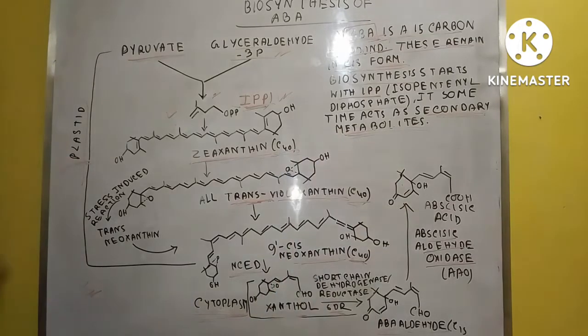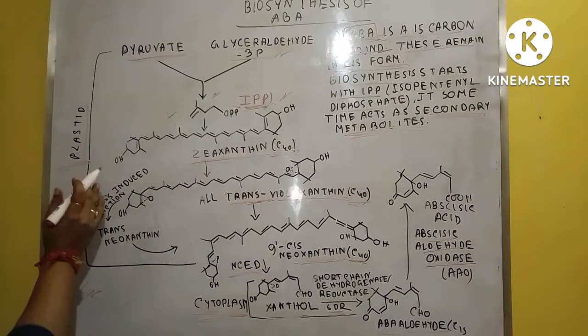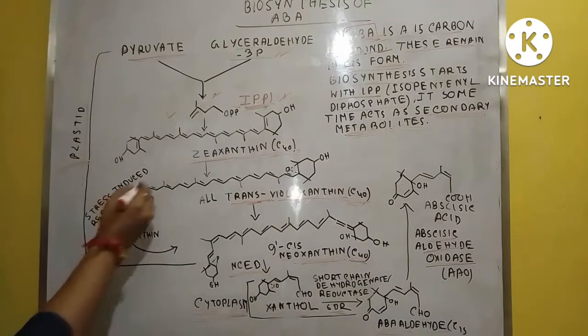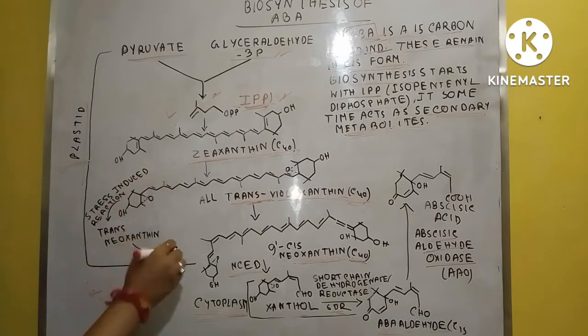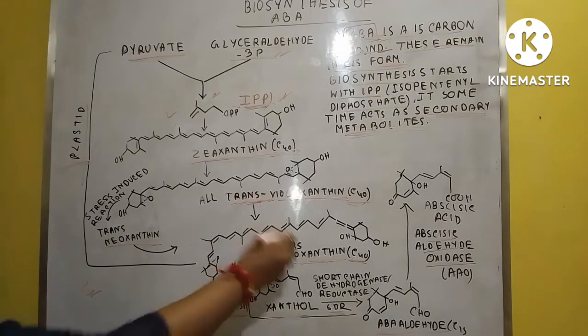So here another thing occurs, the stress-induced reaction. What happens in that situation? The trans-neoxanthin also enters here, as a byproduct. So during the formation of the neoxanthin, due to the stress, the trans-neoxanthin is added to the cis-neoxanthin.